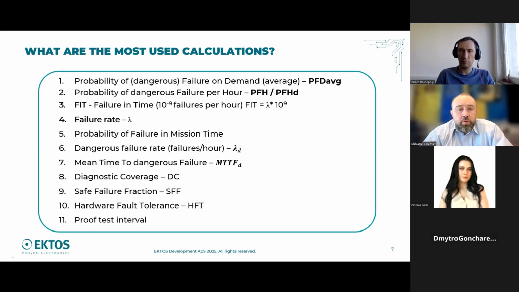These are the calculations we'll be covering today in our presentation, and it's a good how-to for you to get your hands dirty with the calculations related to functional safety.